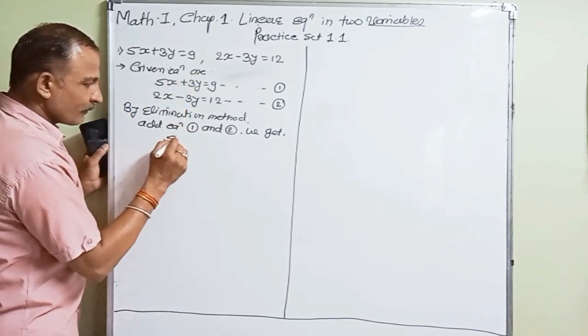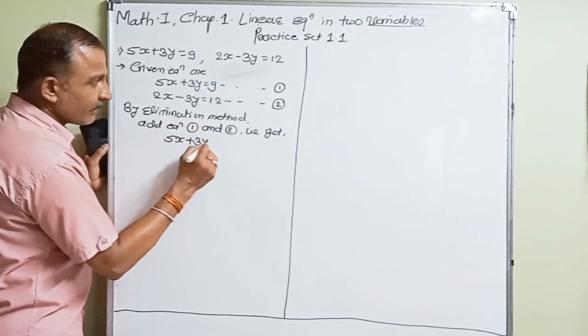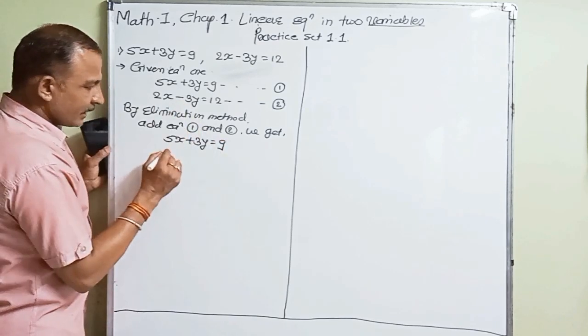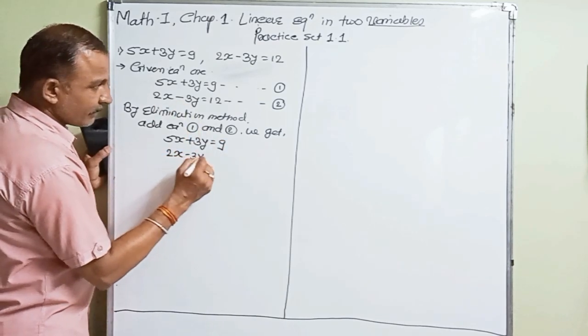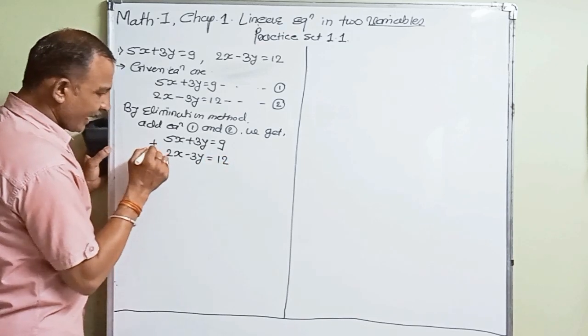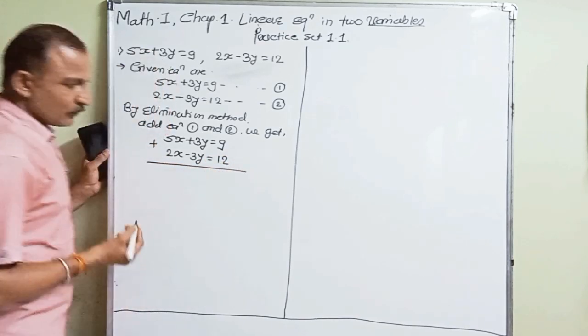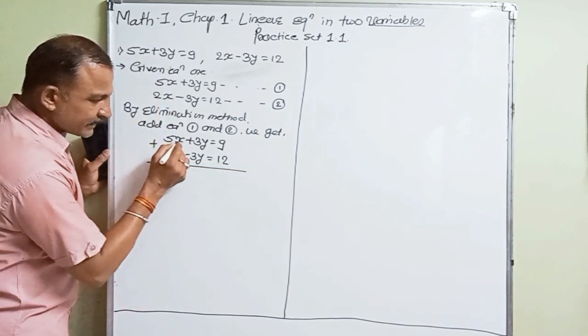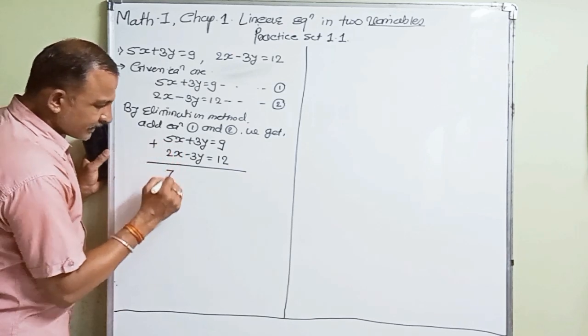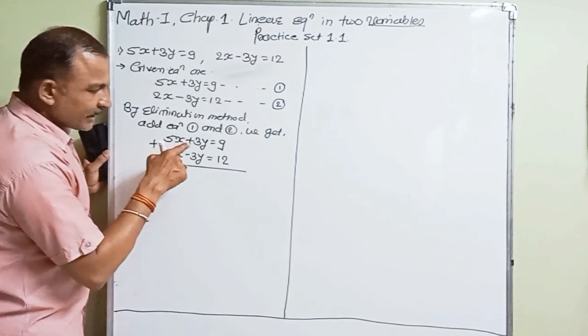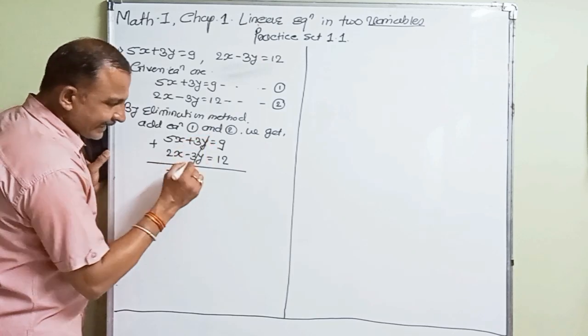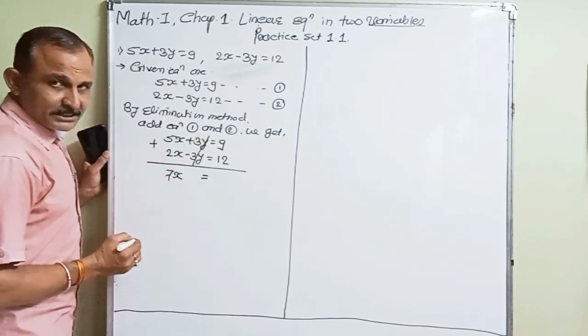So, 5x plus 3y is equals to 9, and 2x minus 3y is equals to 12. If we add them, what do we get? 5x plus 2x, x is common, 5 plus 2 is 7x. Plus 3y minus 3y get cancelled, that is 0.